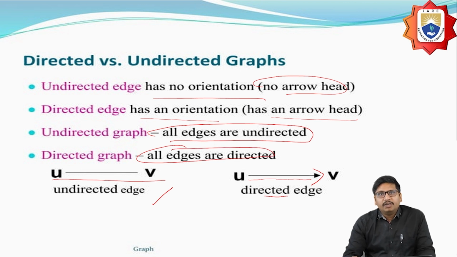So these are the different types of directed graphs and undirected graphs.